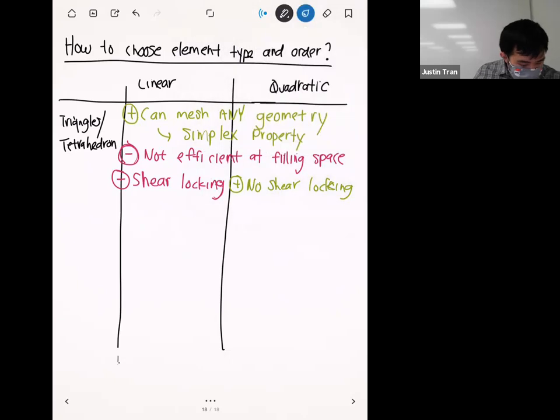All right. And so what are these good for? For linear tetrahedrons and linear triangles, these are usually great for thermal simulations and for fluids. And so this is typically where you'll see them the most.